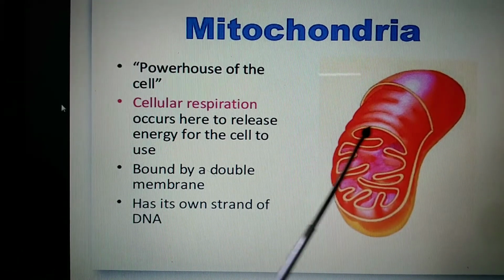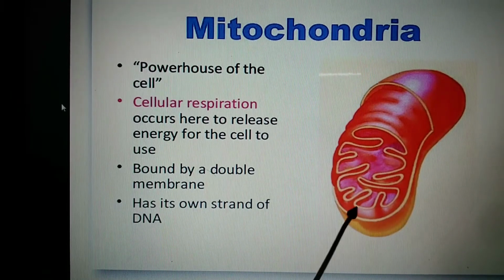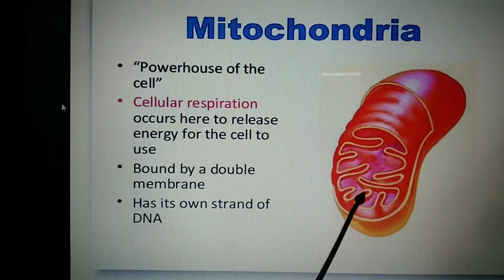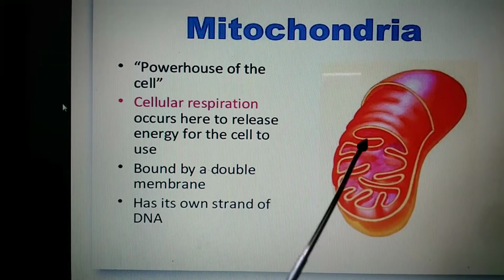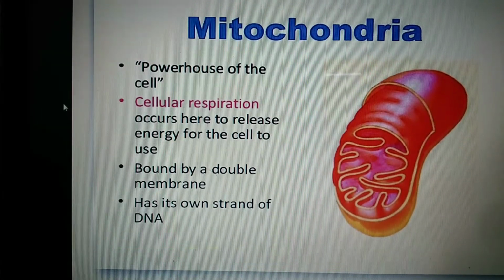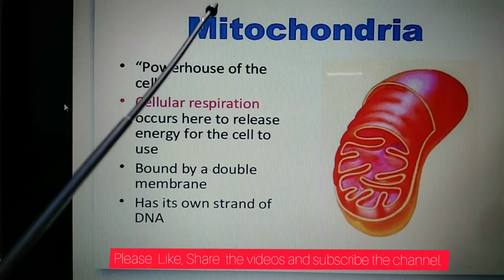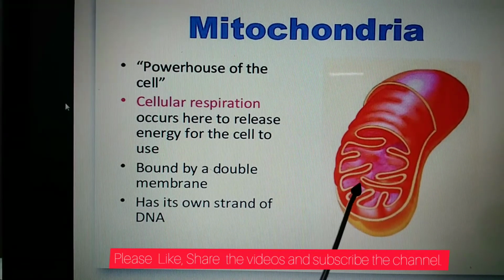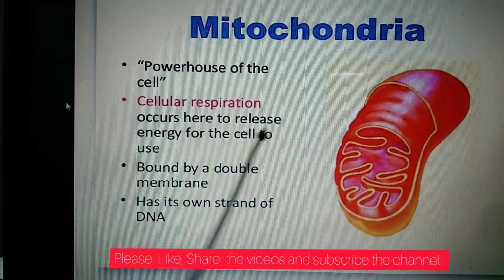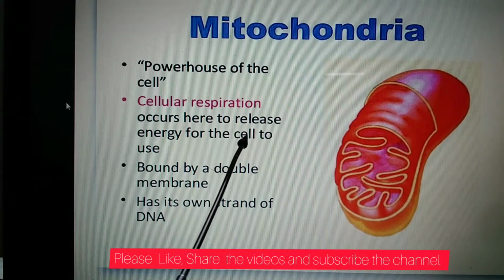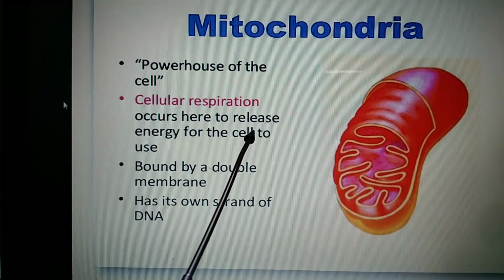It is a double-membraned structure which has its own DNA. That means we have two types of DNA, one in the nucleus and another in mitochondria. The DNA present in mitochondria is called mitochondrial DNA. The DNA present in the nucleus is called nuclear DNA.